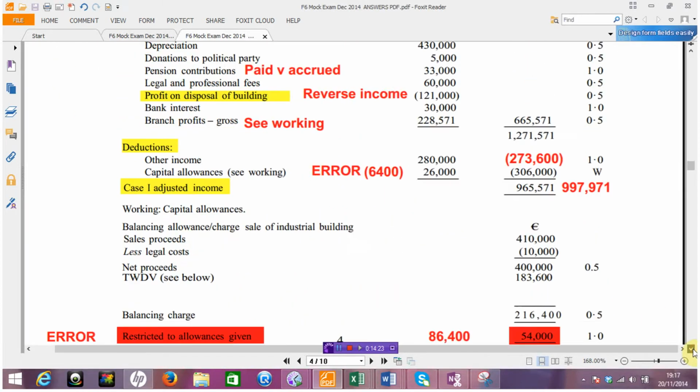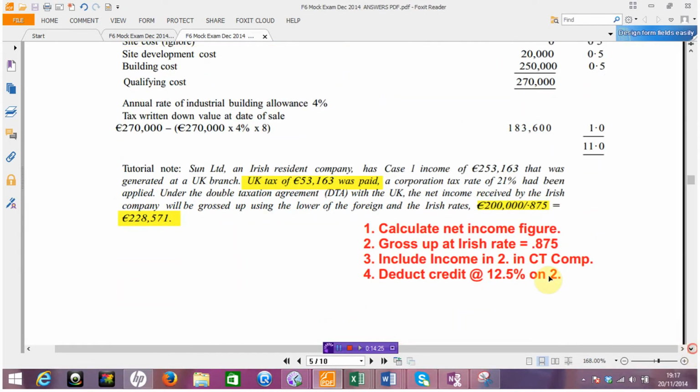So if we could just go back to the note, what you'll see is that they've simply said that if we have a corporation tax or a foreign corporation tax of 21%, the first thing to do is to take that tax out of the gross amount, and that gives us the 200. So in other words, calculate the net income figure.